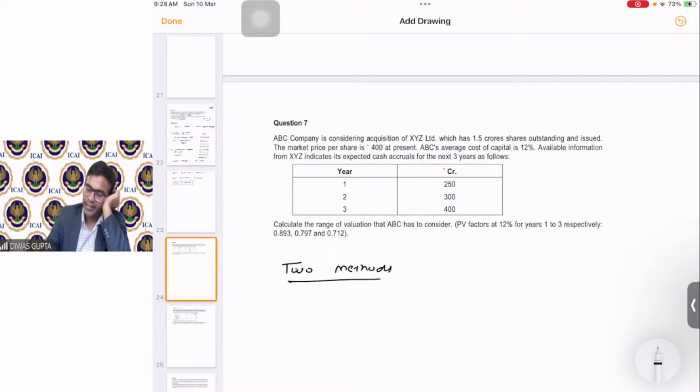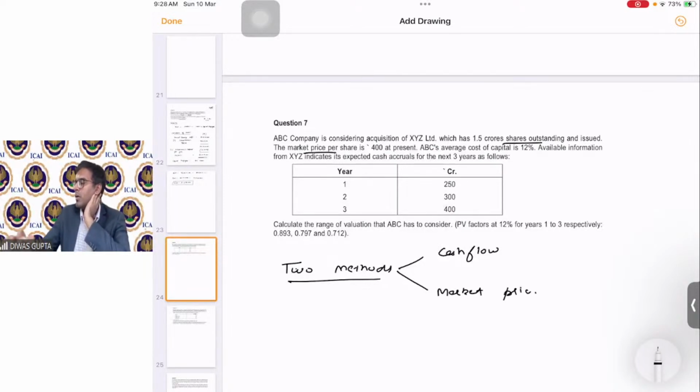Okay, let me tell. One is the cash flow based, and second one is the market price itself. Yes, Kusuma, Gurram, Jyoti, all of you are correct. Yes, very nice.